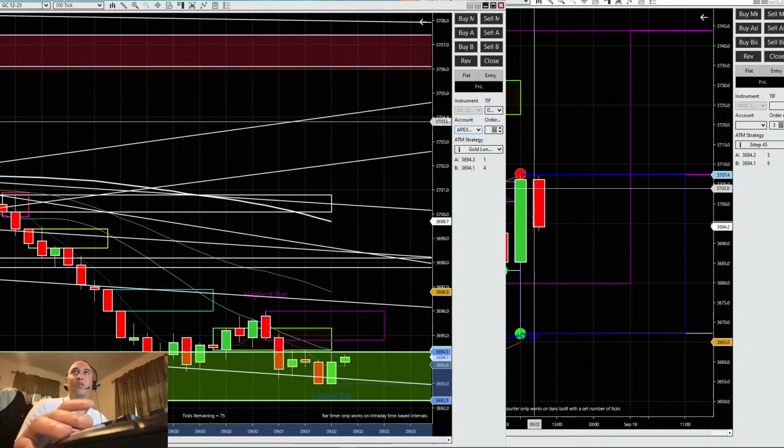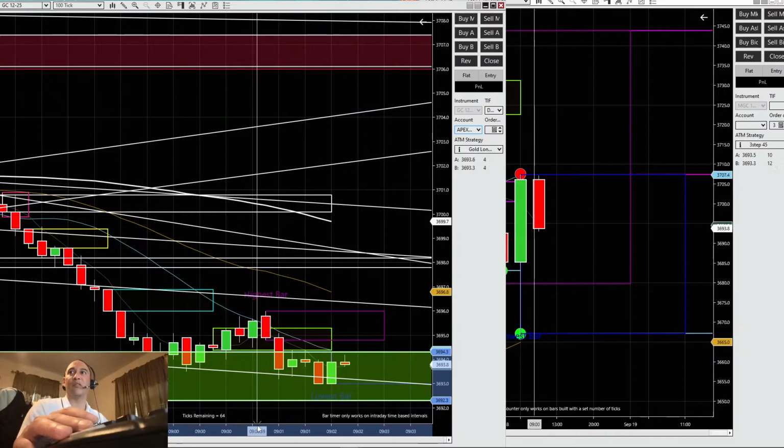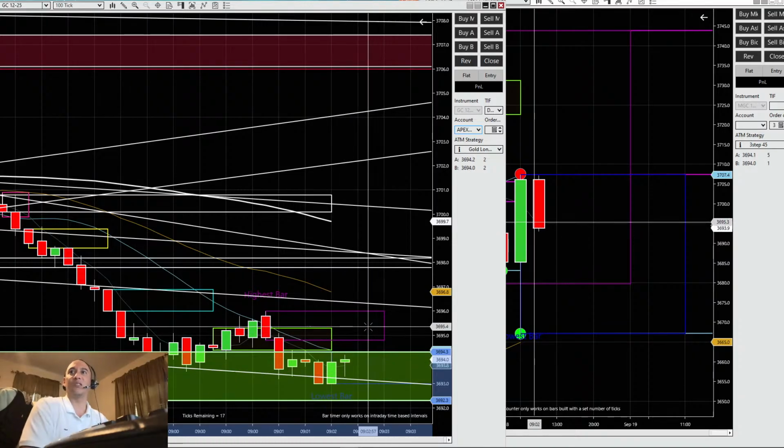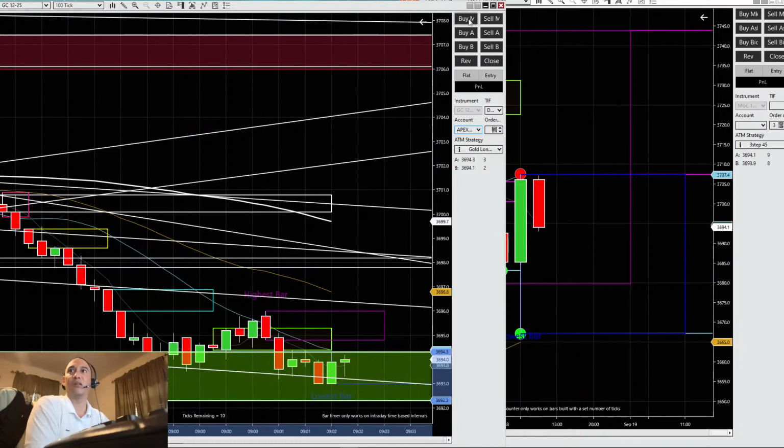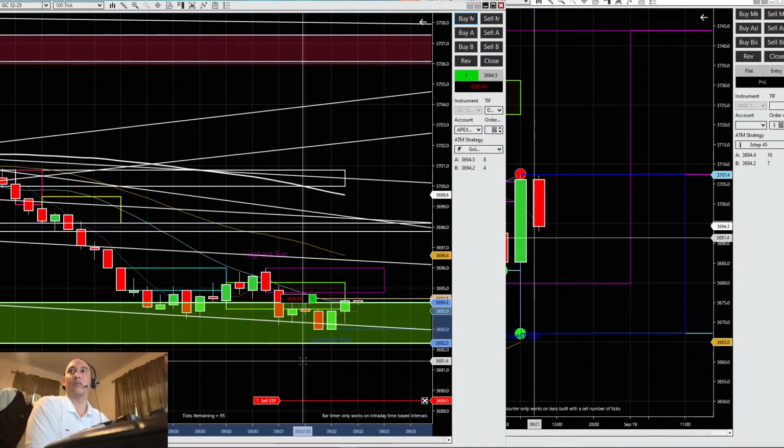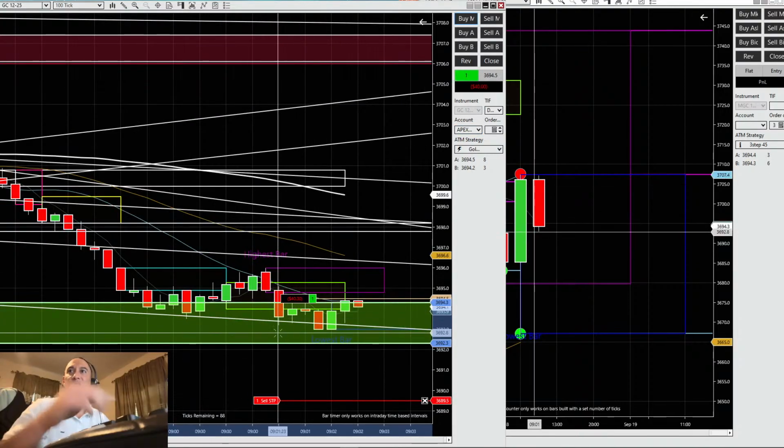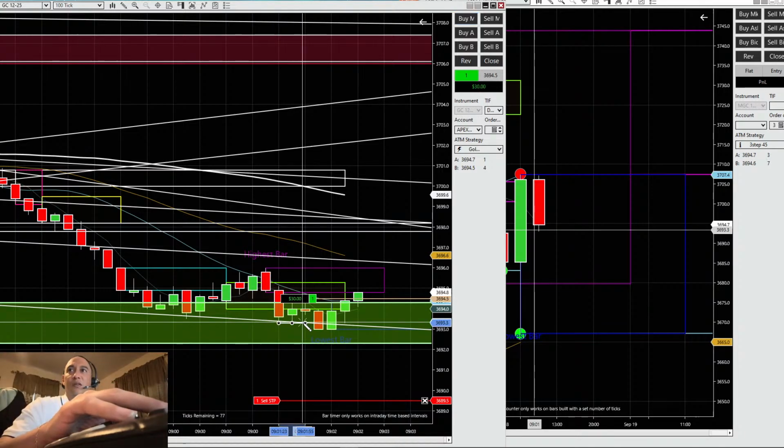Either they're bullish or they're bearish. You can see that last 50 tends to be more towards what it wants to be. So I'm going to enter here, because we have this structure like this.